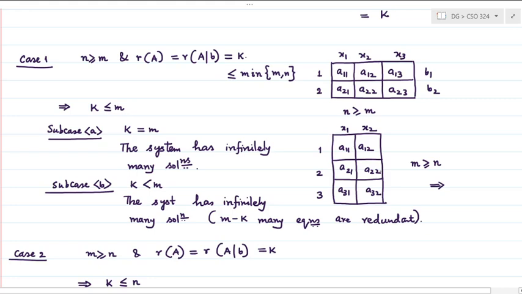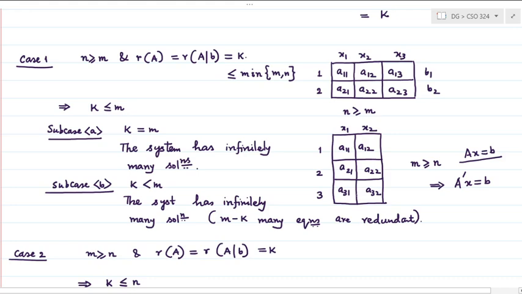By equivalent I mean corresponding to any given vertical rectangular system, you can prove that there exists a matrix A which is a square matrix or a horizontal rectangular matrix such that A'x equals B is equivalent to Ax equals B, due to the fact that once you have the number of variables lesser than the number of equations, then obviously quite a few or at least one equation is redundant in nature if the system is consistent.